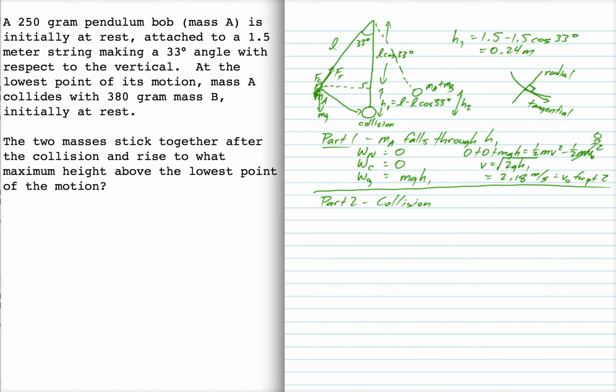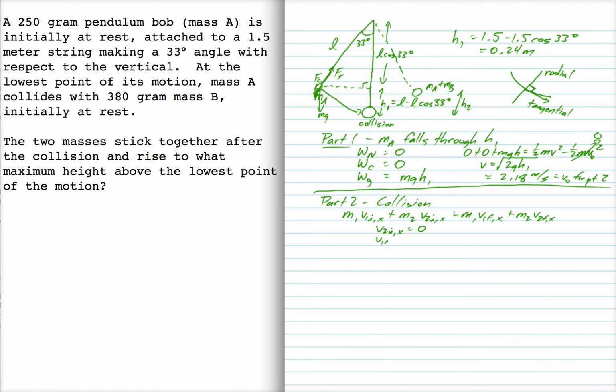So our momentum conservation tells us that the sum of the momenta before and after have to be the same. But we know that v2ix is equal to 0, that mass 2 is initially at rest.